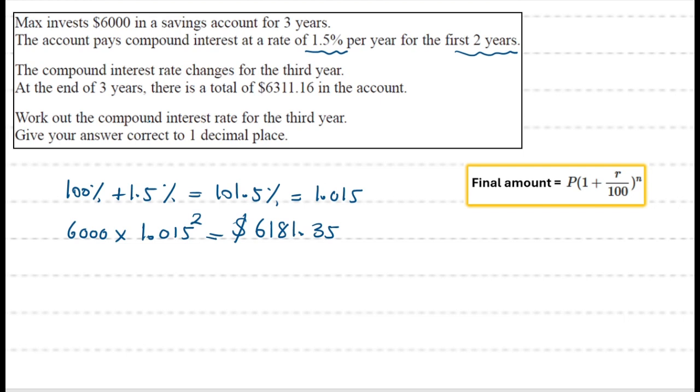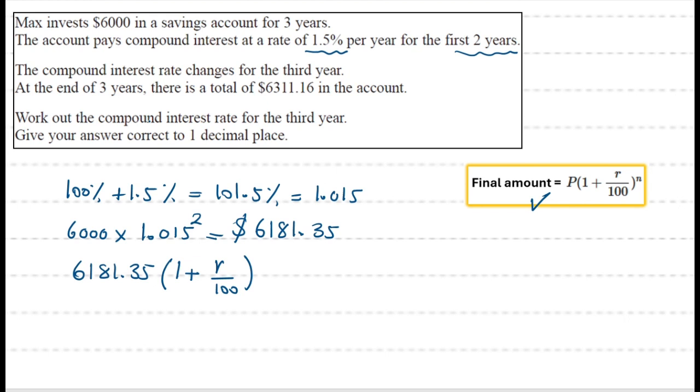This amount is going to be the initial amount at the start of the third year. So for the third year, because we don't have the interest rate, we're going to use the formula. So we write the initial amount for the start of the third year, which is 6,181.35, and times it by 1 plus rate of interest R over 100 raised to the power of number of years.